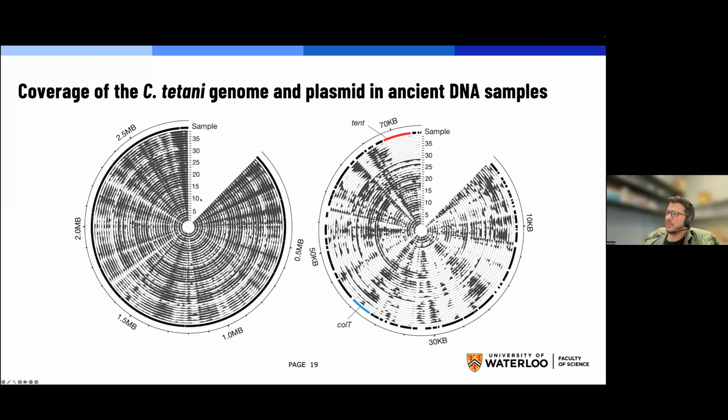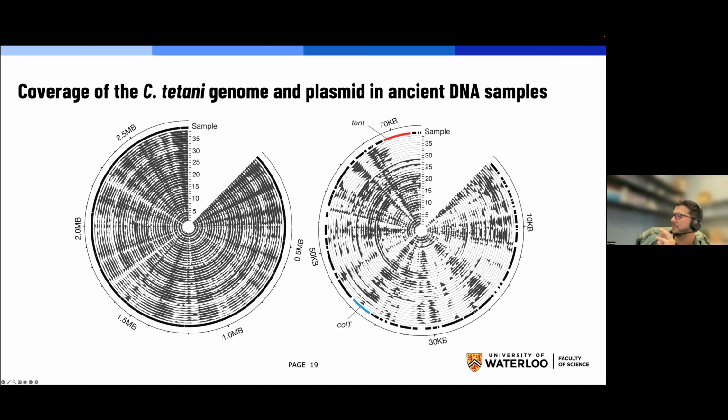I'm showing you all 38 samples and how much coverage we can detect for different parts of the chromosome. You can see that it varies quite a bit, but even more so for the plasmid, where the coverage varies much more substantially. In some cases, we don't detect much of the plasmid at all.